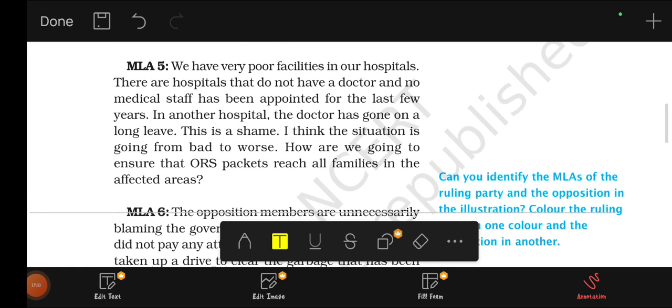And then came the fifth MLA, who said that we have very poor facilities in our hospitals. There are hospitals that do not have a doctor, no medical staff has been appointed for the last few years. In another hospital, the doctor has gone on a long leave.